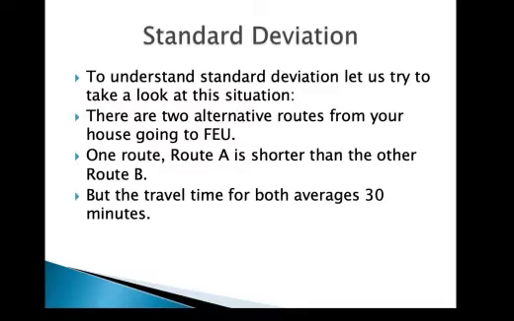Suppose there are two alternative routes from your house going to FEU and RMF. One route, I will denote as route A, is shorter than the other route, which I denote as route B. But travel time for both averages 30 minutes, meaning the mean travel time for both routes A and B is 30 minutes.